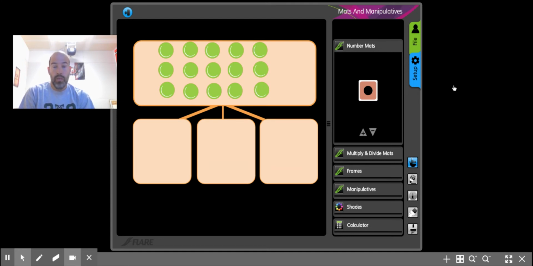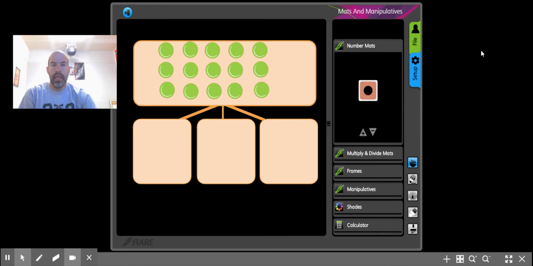One of the things you know is that there are 15 counters in the large box. Also, you know the number of groups that you're going to be dividing them into. What do you need to find out? One of the things you need to find out is how many will go into each group.